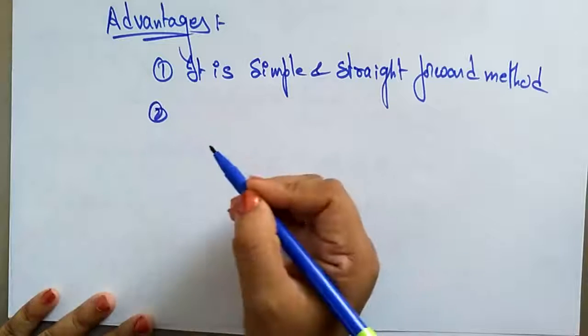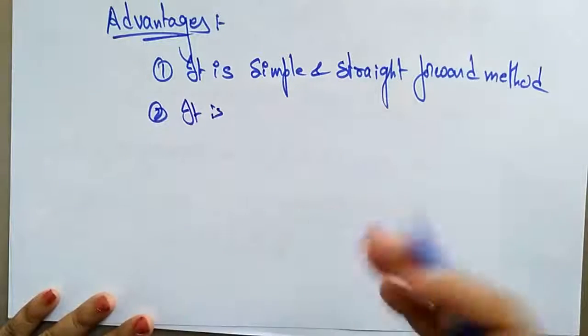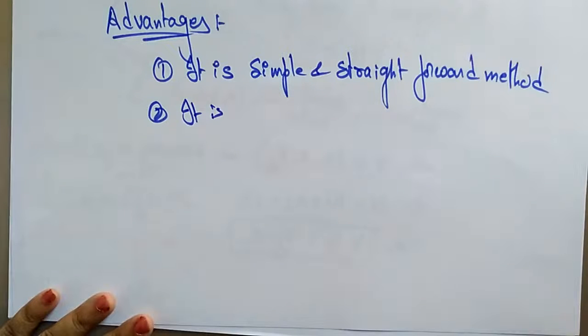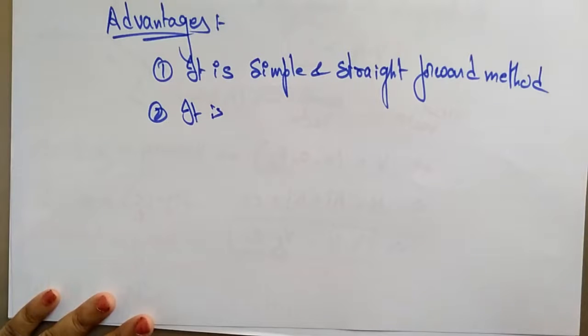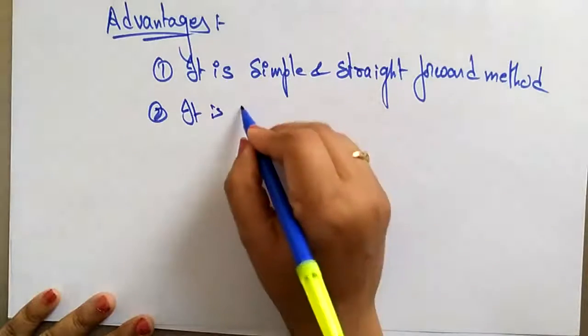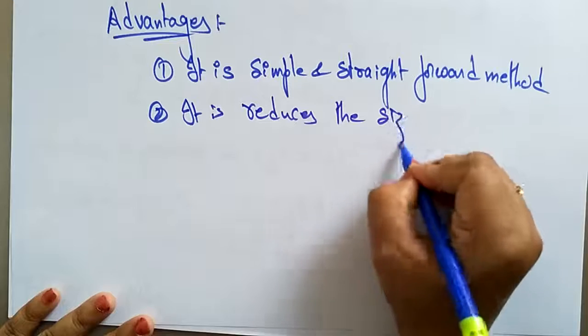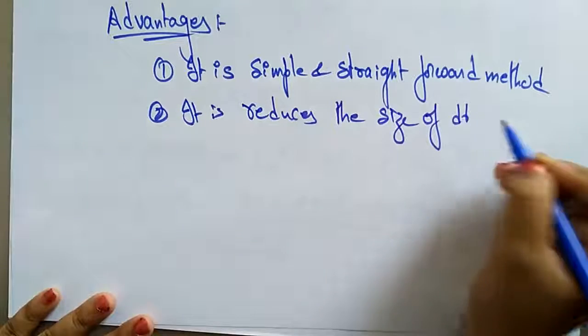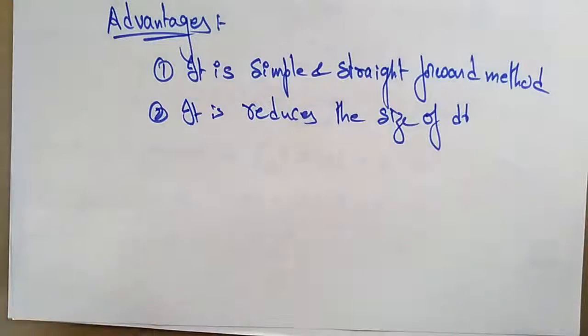And it reduces the size of the database. Why does it reduce the size of the database? Because it removes the unwanted surfaces, whatever we are not able to see. That surface has to be removed by using back face detection. So that's why it reduces the size of the database, because there is no need to store all surfaces in the database; only the visible surface is stored.